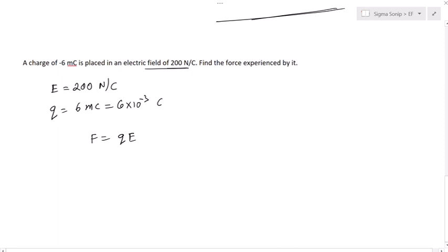F is equal to Q times E, and Q is 6 times 10 to the power minus 3 times 200, and that will be 1.2 Newton. And again, because this time I have placed a negative charge, the force is experienced by a negative charge here, so I can mention the direction here: opposite to E.